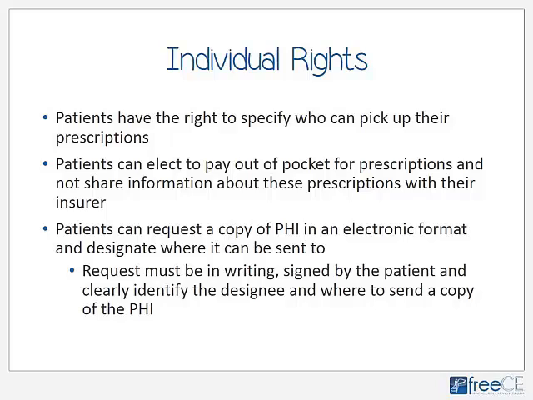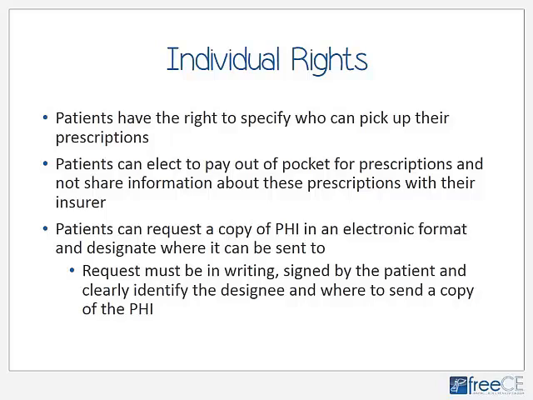So you need to take precaution when releasing any information to an insurance company to make sure that you only give the insurance company the minimum necessary information, and make sure that you don't release any information about a cash prescription that they've paid for. If any prescriptions are paid in cash, make sure it's documented in the patient's record, just to prevent that PHI from being released.